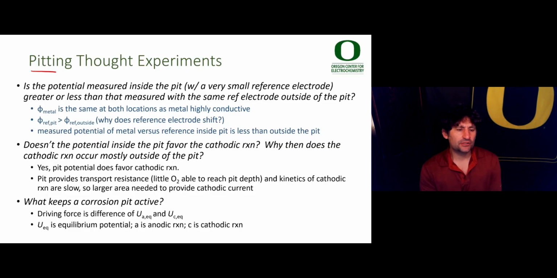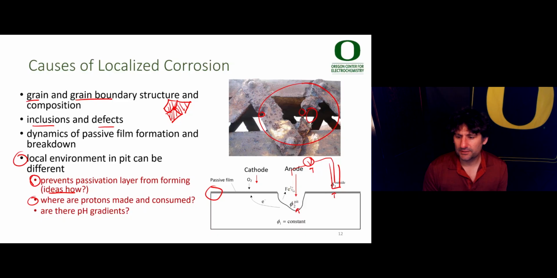But what you will measure is that the potential in the pit is actually higher. The reference potential in the pit that you measure with your voltmeter is higher, and it's because of that electrostatic potential gradient. Now, you might say, okay, if this is a higher potential and phi1 is constant, then the place where you're going to have the largest driving force for oxidation is actually inside the pit.